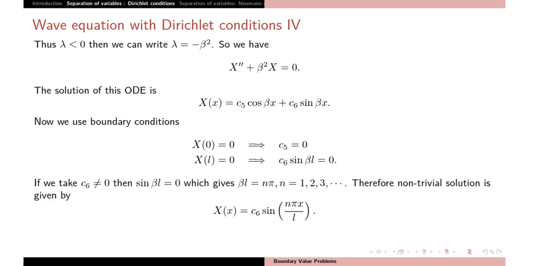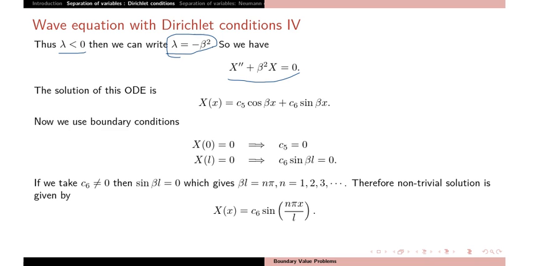Now we move to the third case, when lambda is negative, and you can write a negative number as the square of some number. So lambda equal to minus beta square. So we have the ODE X double dash plus beta square X equal to 0. Fit lambda equal to minus beta square. The characteristic equation of this equation will be r square plus beta square equal to 0.